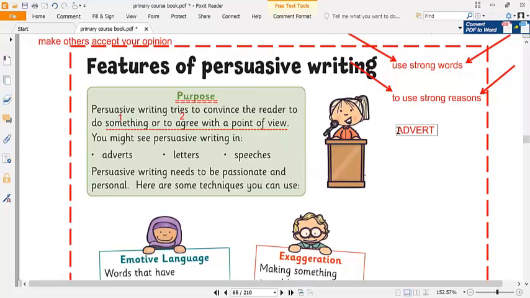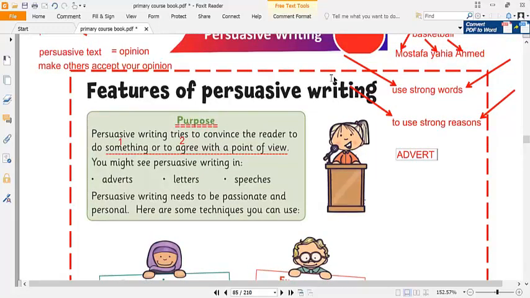Who can tell me what type of adverts you may read even daily? If you watch YouTube videos, some adverts appear, right? Skip ad. You know this.